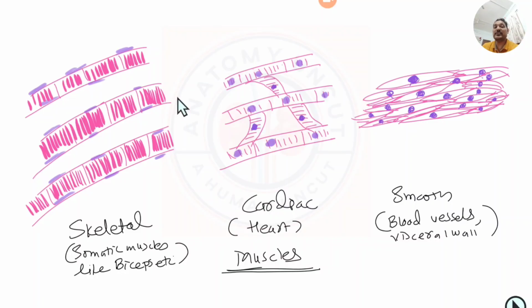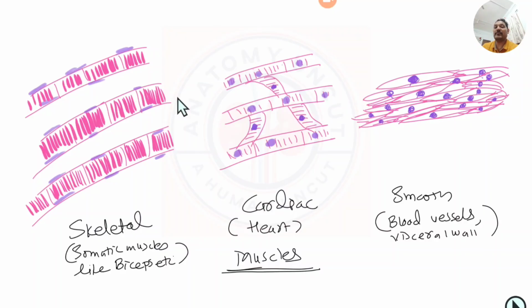Functionally you should be aware of its nerve supply, its structure, exactly why it is named like that, the types of the muscle, their nomenclature. But in the full length video we can provide you the details of that.